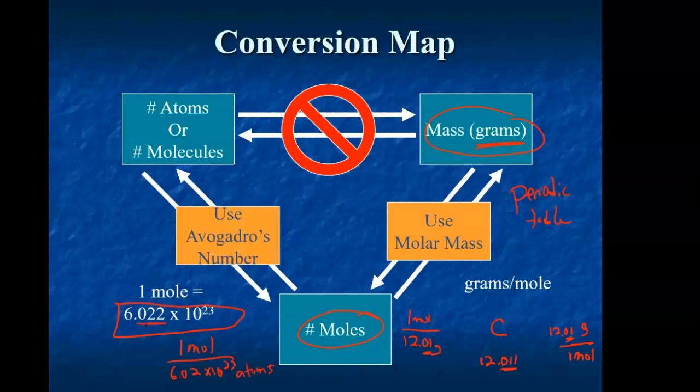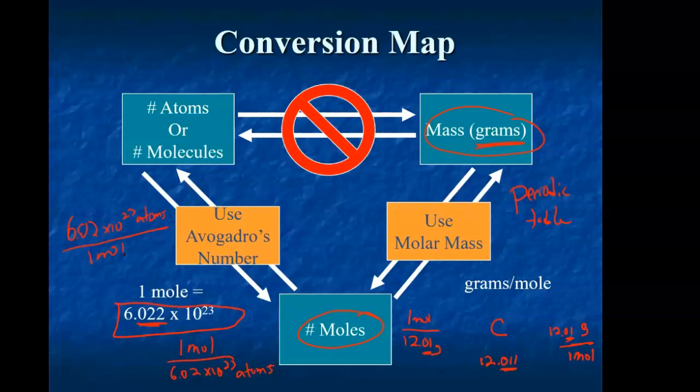And again, you can use 6.022 or 6.02, whichever you want. Again, your answer will be a tiny bit different, but it's totally fine. Or we could write it like this: atoms in 1 mole.